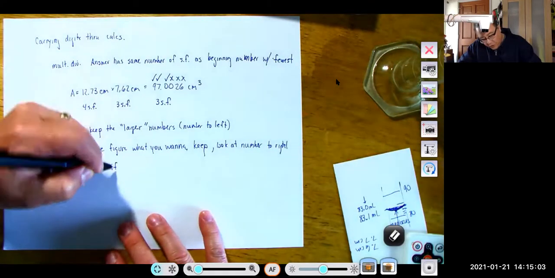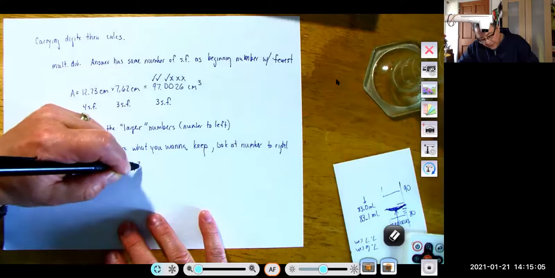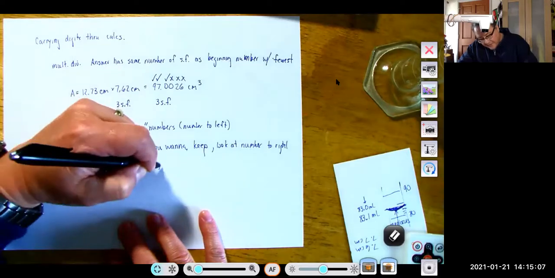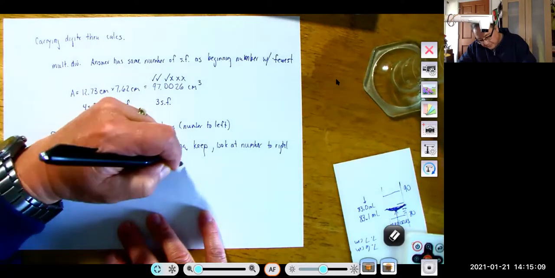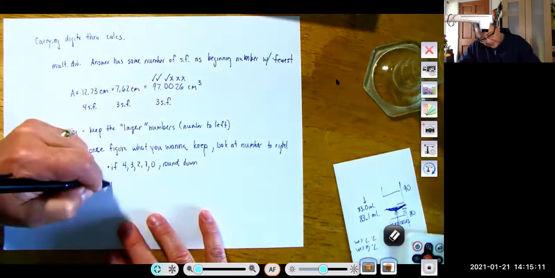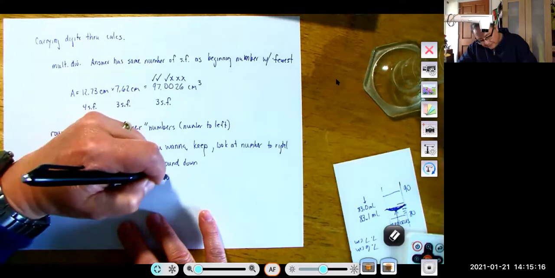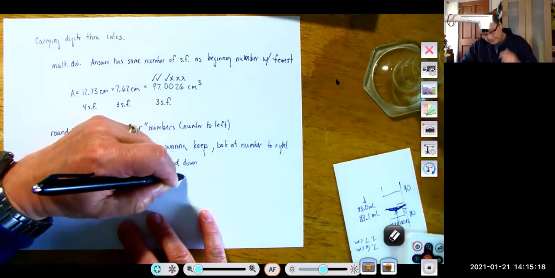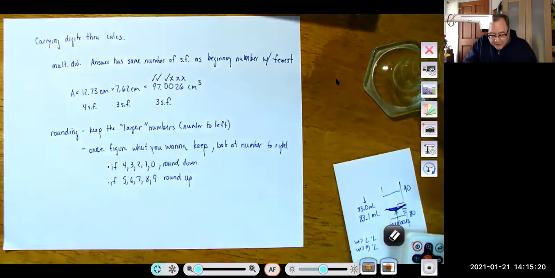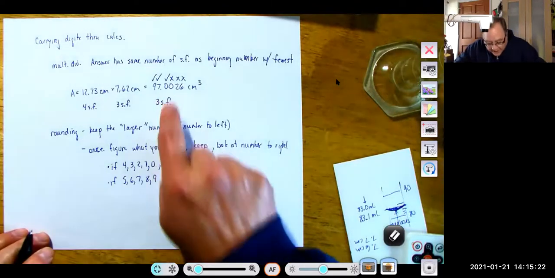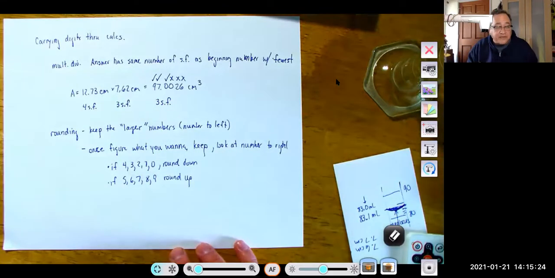If it's 4, 3, 2, 1, 0, you round down. If it's 5, 6, 7, 8, 9, you round up. So based on this, the number to the right is a 0. What do we do? We round down.